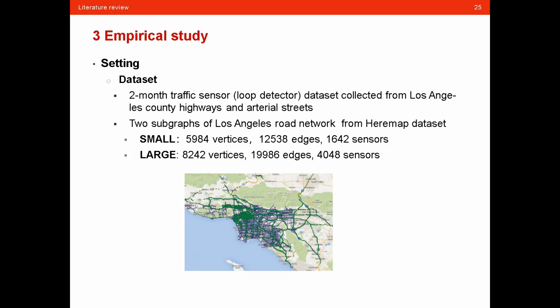The small part includes 5,984 vertices, 12,538 edges, and 1,642 sensors, while the large dataset includes more vertices and edges and corresponding sensors.